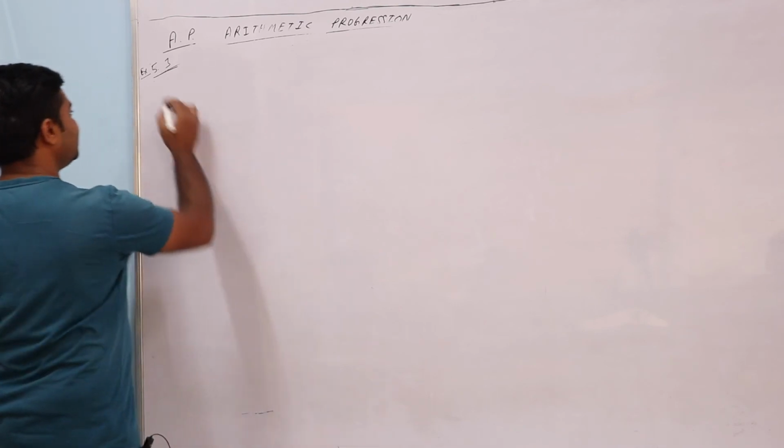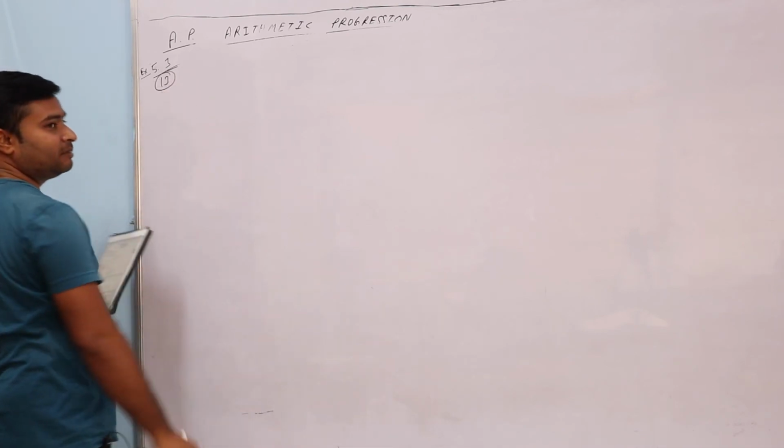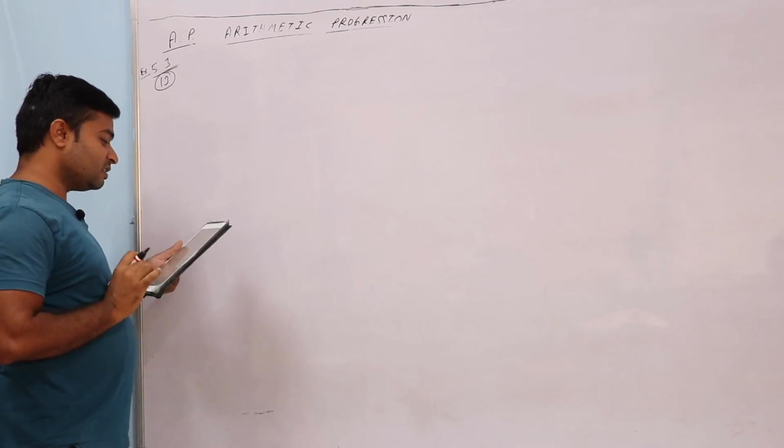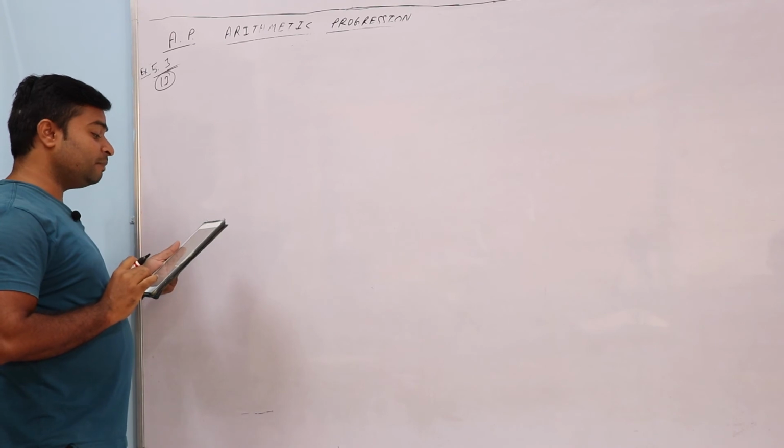Question number 13. Find the sum of first 15 multiples of 8.